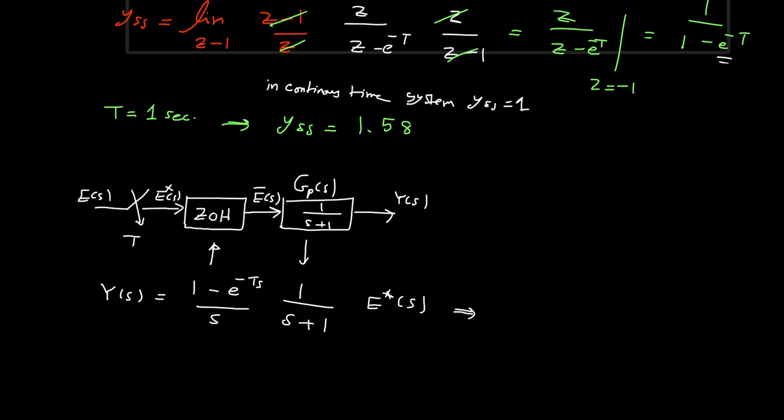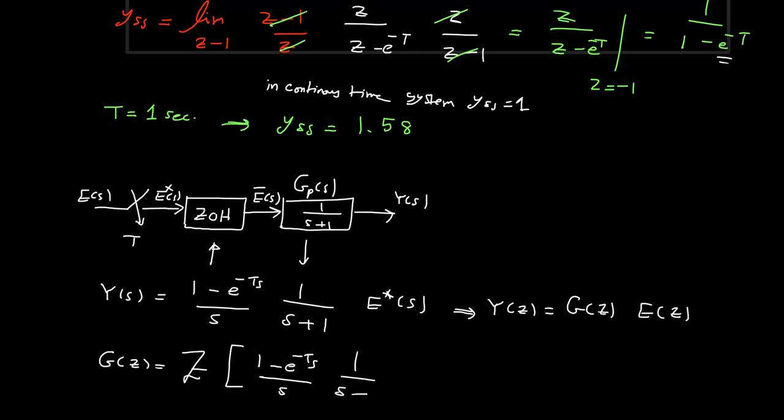So from here, Y of z will equal G of z E of z, and G of z will be the z transform for the zero order hold, 1 minus exponential minus Ts over s, and the plant 1 over s plus 1, so this will be 1 minus z to the minus 1 times the Z transform for 1 over s plus 1. And we already calculated this one in the previous example.